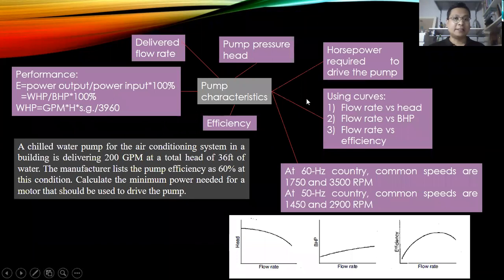Okay, pump characteristics are influenced by several parameters. We have the pump pressure head, the delivered flow rate, and the horsepower required to drive the pump, using curves of flow rate versus head, flow rate versus BHP, and flow rate versus efficiency.